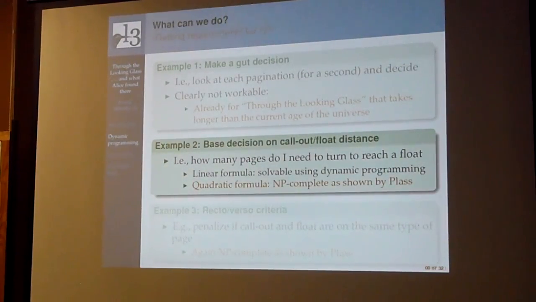If we make a small change and we say we do not count the turns, we use a quadratic formula. So for example, if the figure and the call-out are on the same page, it has a cost of 0.